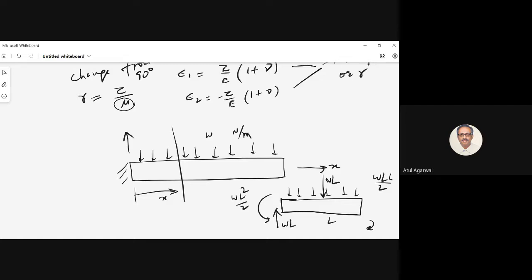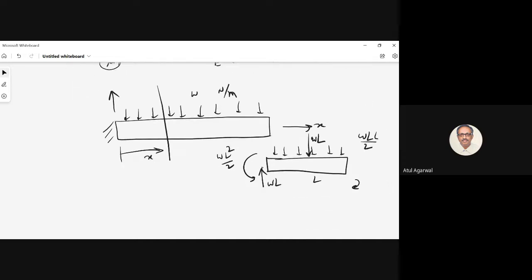Now you have taken a cross section here. In this case, you can take the right hand side, and this distance is X, so this length is L minus X. So you can assume this is W into L minus X, applying at the middle of it. Any problem with this?